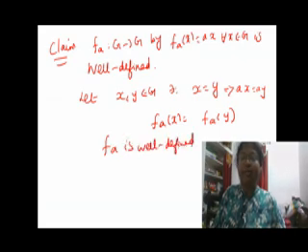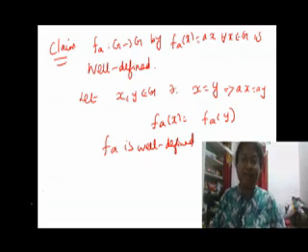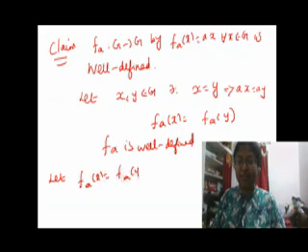Now I'm going to check the one-one property for f_a. For that, let me assume f_a(x) is equal to f_a(y). That tells me ax is equal to ay.